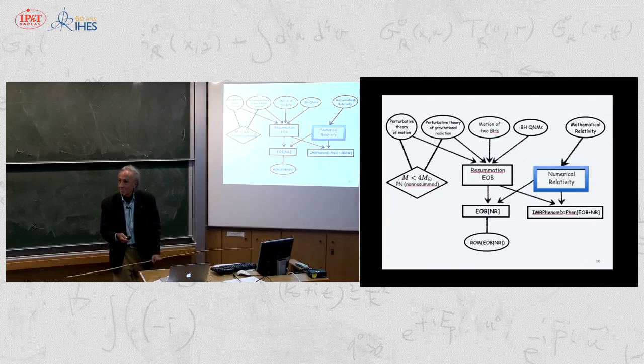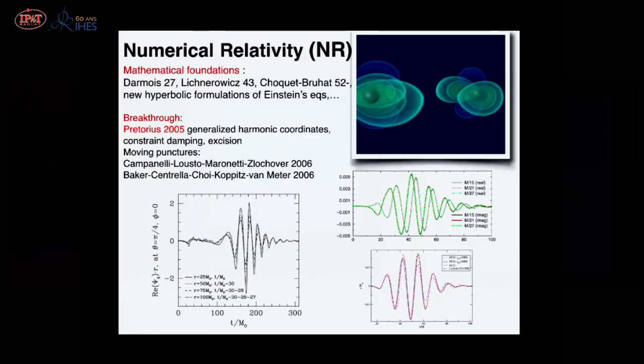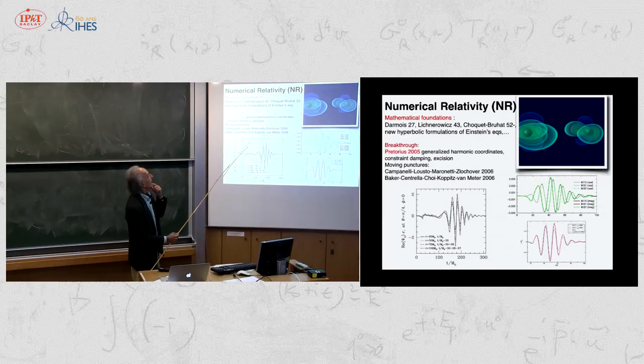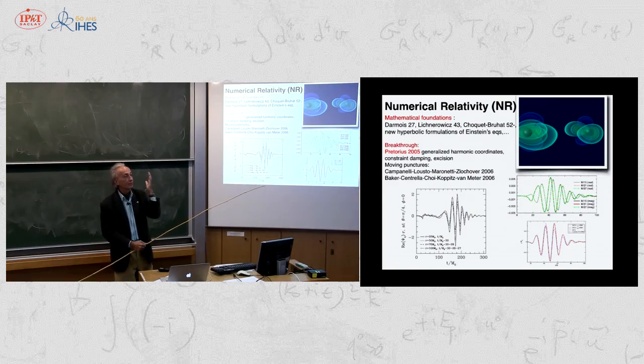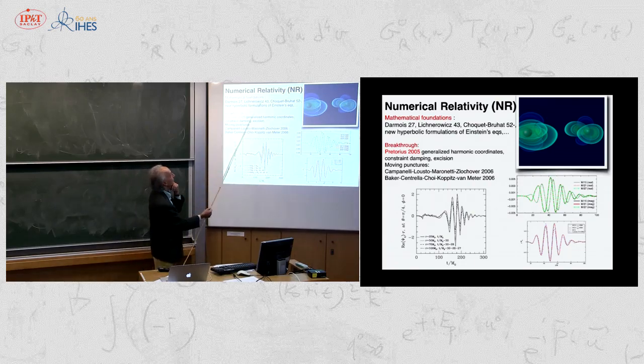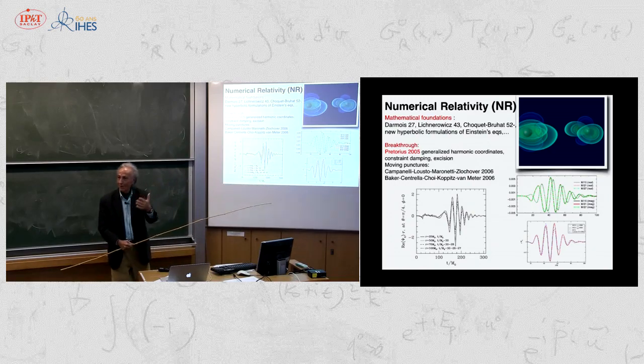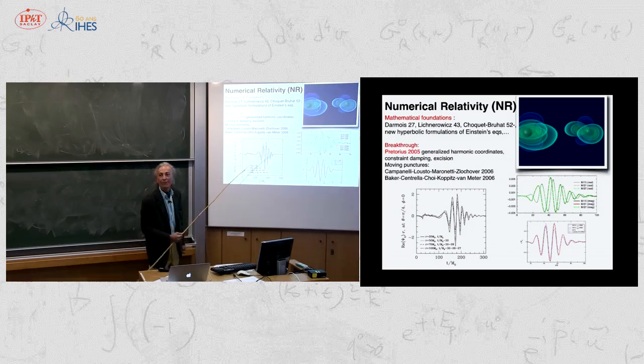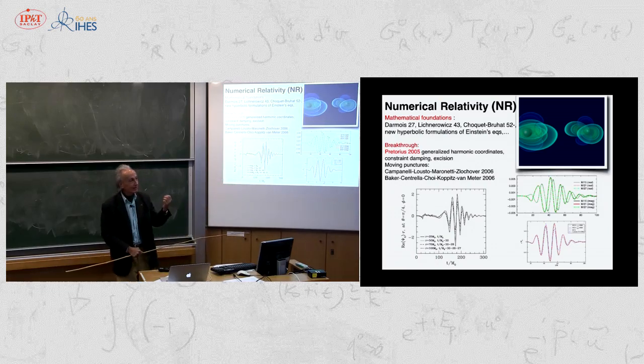Five years later, the first numerical computation succeeded in computing the coalescence of two black holes numerically. I should say that these methods were based on mathematical works, a lot of them done by the French mathematical school of Damour, Choquet-Bruhat and others. A lot of mathematics was used in order to set up the codes. But still, for 30 years, these numerical codes crashed.